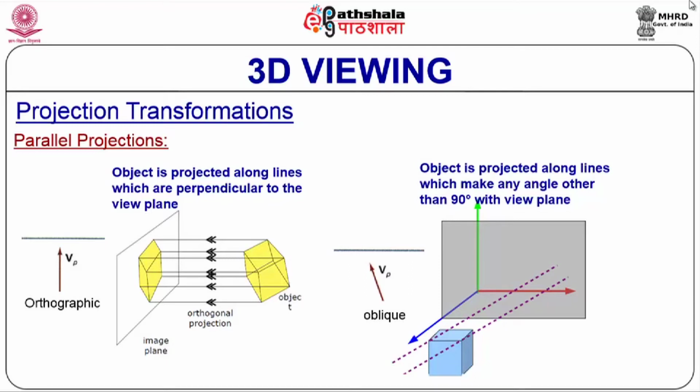But if the lines of projection make some angle with the view plane other than 90 degrees, we call it oblique projection. The lines of projection are still parallel to each other; only with respect to the view plane they will be either oblique or orthogonal.